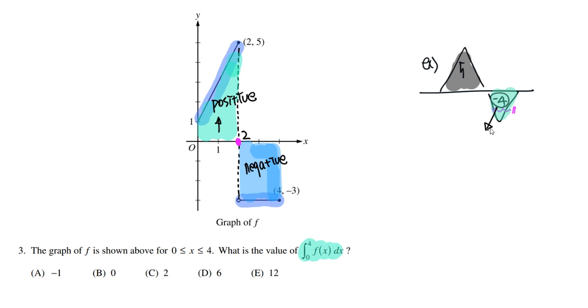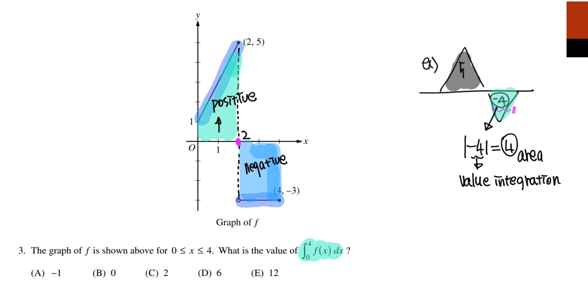If you want to make this one an area, you have to use the absolute value, making it 4. So this is an area, but the other one is not an area, it's the value of the integral. Sometimes the value of an integral and the area are not the same, but sometimes they are. Please keep this in mind, and then let's go here.